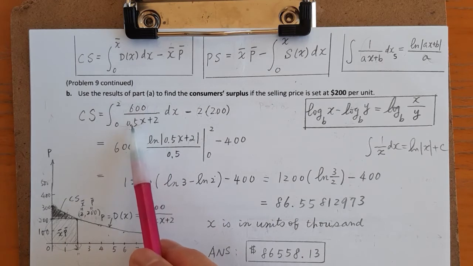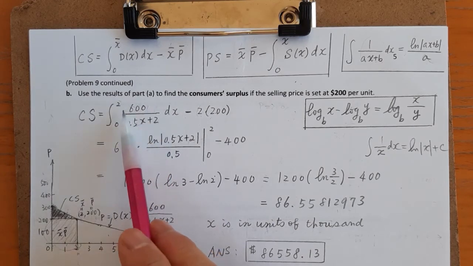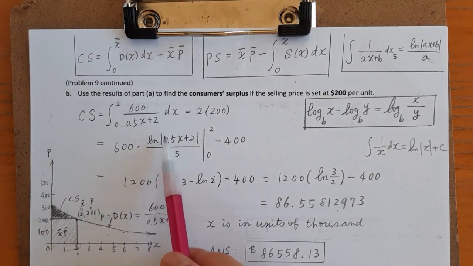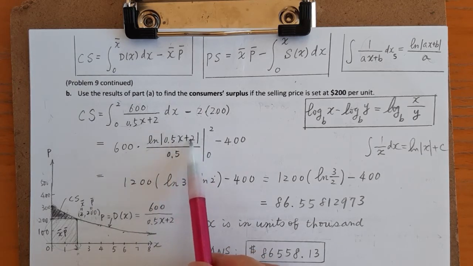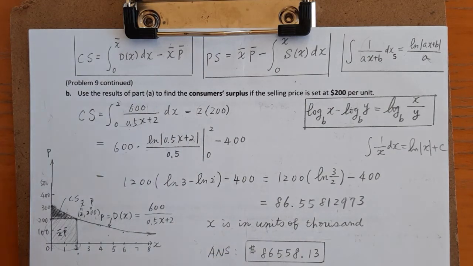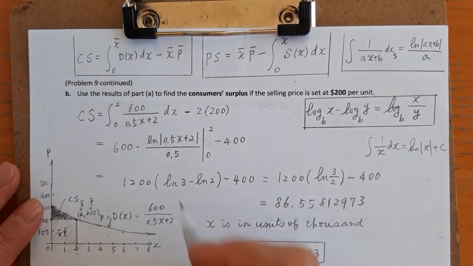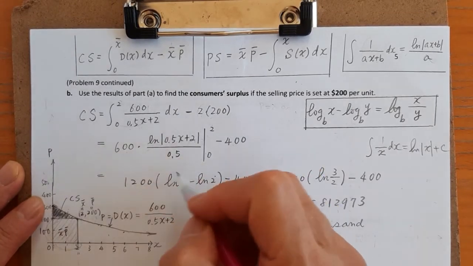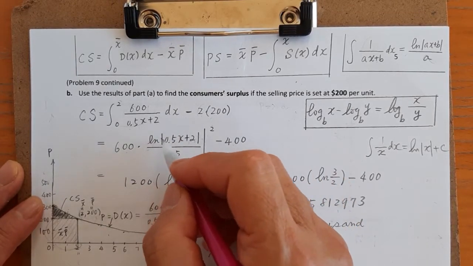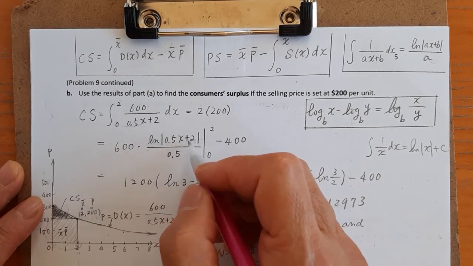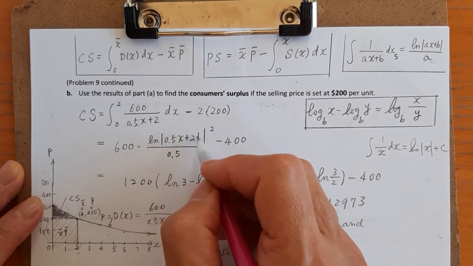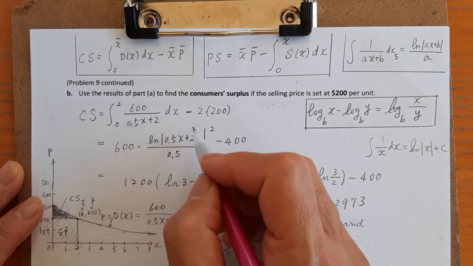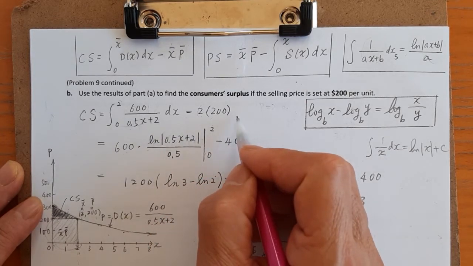So for 1 over 0.5 x plus 2, the integral is ln of the absolute value of 0.5 x plus 2, then you divide by 0.5, with x going from 0 to 2. Because if you take the derivative of ln, it is 1 over 0.5 x plus 2, and by the chain rule you multiply by the derivative, which is 0.5.